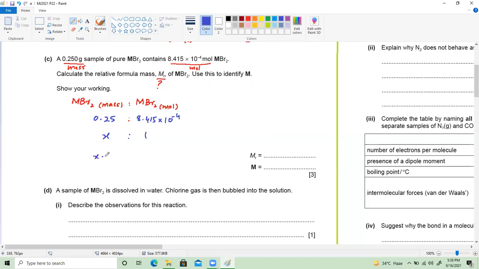So let us calculate this value. X will turn out to be 0.25, which is the mass, divided by the moles, which is 8.415 times 10 raised to the power minus 4. So this will be the relative molecular mass of the compound. And if we calculate it, it turns out to be 297.1. You can round it off up to 297 as well.